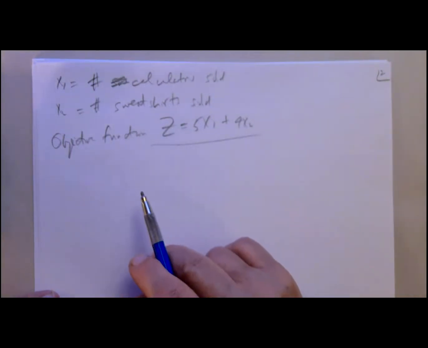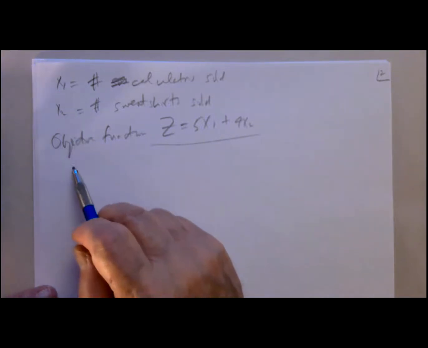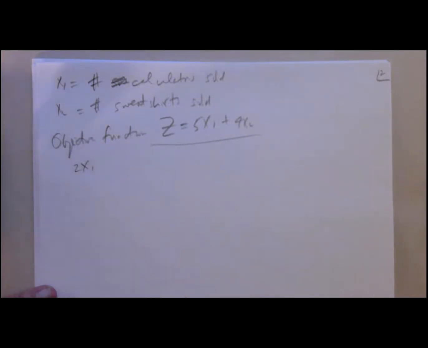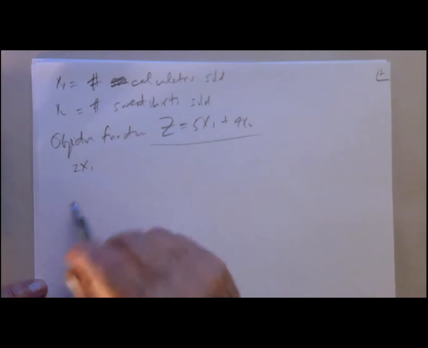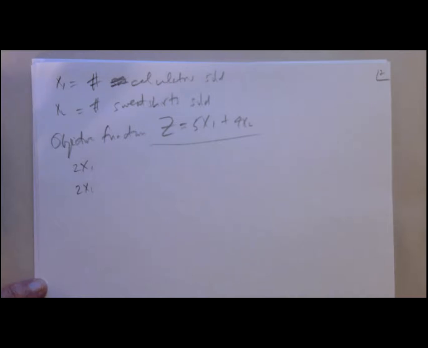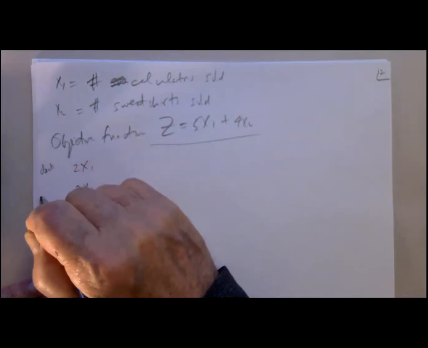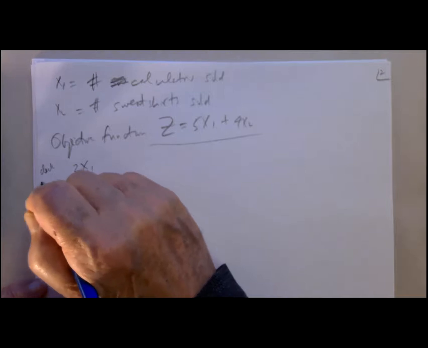And what are our constraints? To sell a calculator takes 2 minutes of a sales clerk's time and 2 minutes of a cashier's time. So for every calculator, it takes 2x1 minutes from a sales clerk and 2x1 minutes from a cashier. This is the clerk, and this is cashier time.